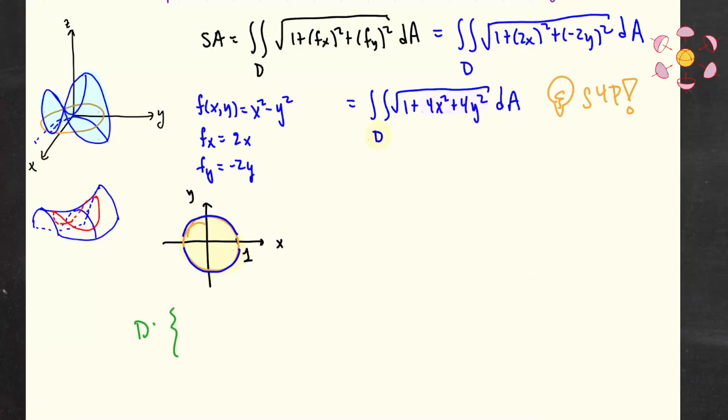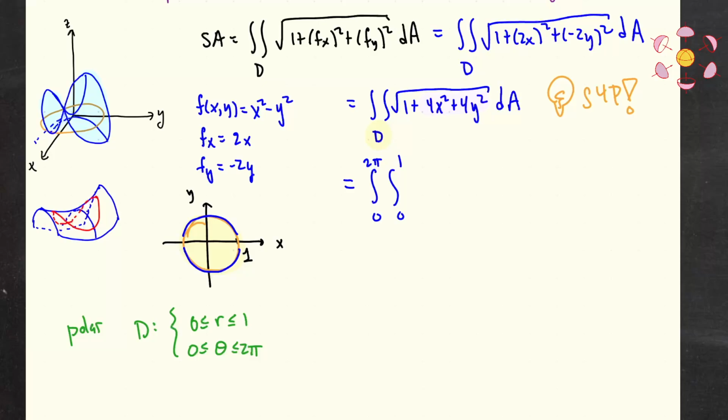In polar coordinates, the domain is r goes from 0 to 1, and theta goes from 0 to 2 pi. That is wonderful in that, well, constant limits of integration means I don't really care the order I write these. Fubini's theorem would tell us any order is fine.